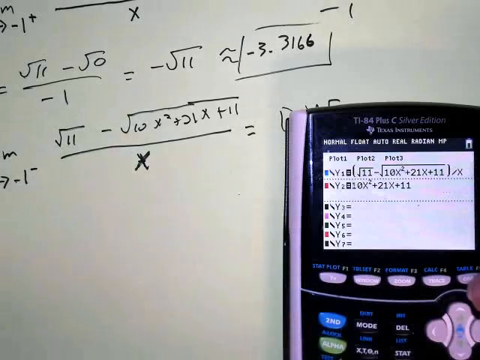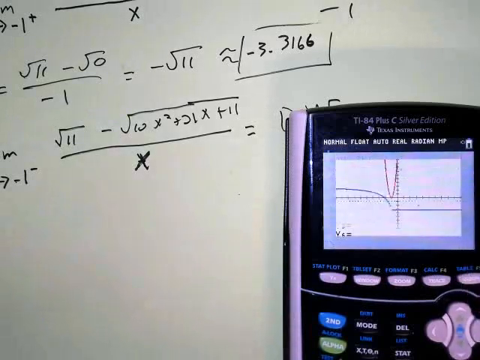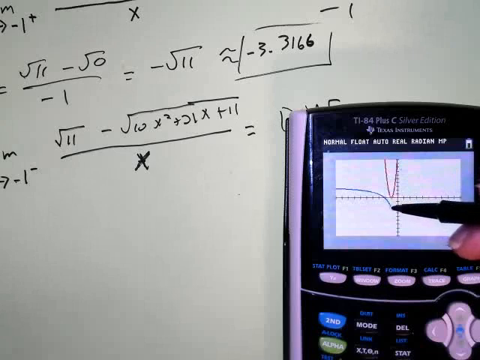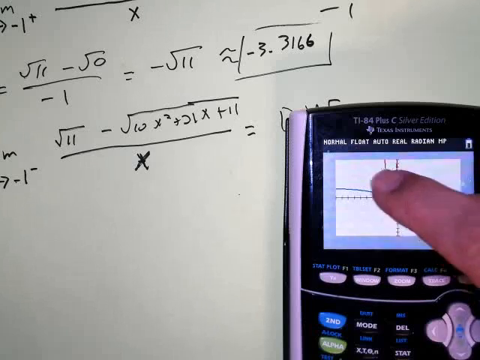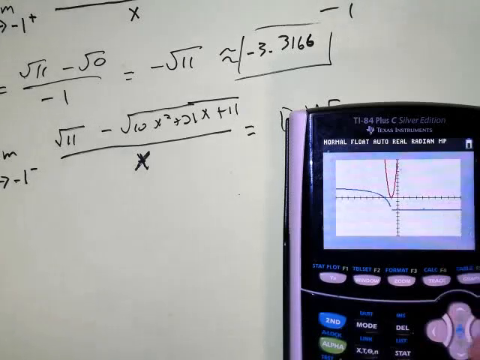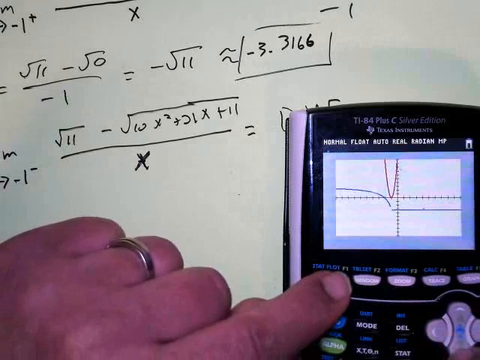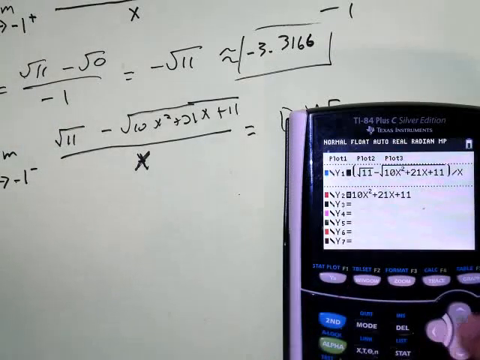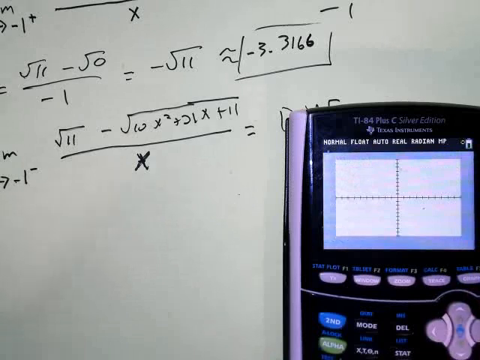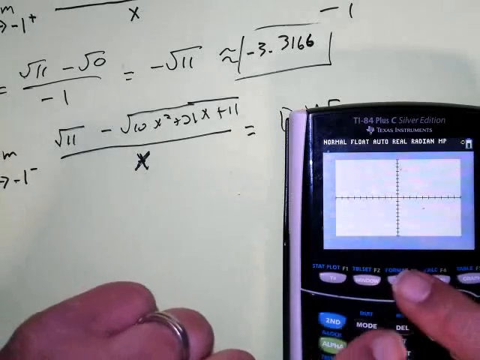So let me hit the graph again. And you see that this goes down, and it looks like it just goes down and touches, but it actually doesn't. If we zoom in on that, it actually goes underneath and back up. So let me take this off, and let me graph the parabola.